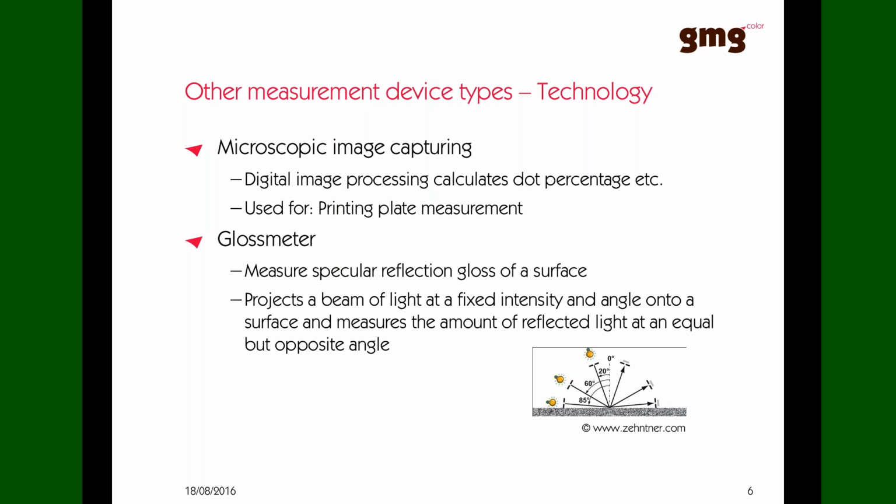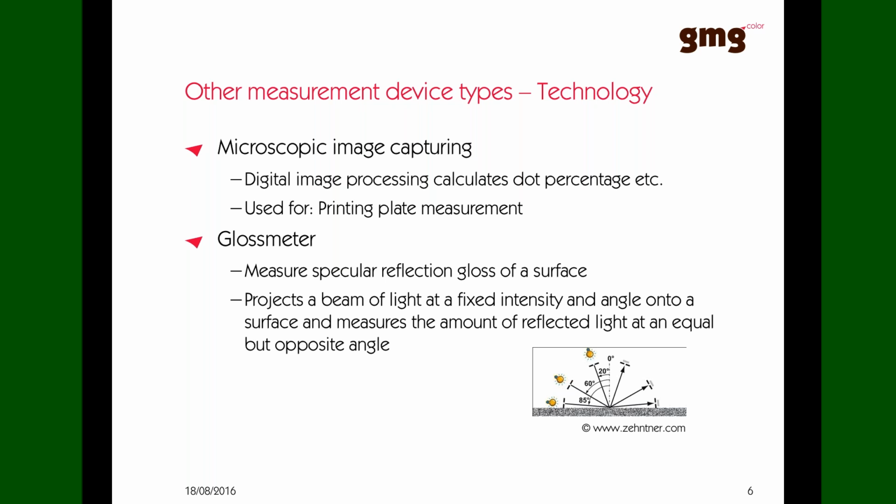So, for example, this is used mainly when you're measuring a printing plate. So when you have your CTP system and you get out your printing plate, with such a measuring device, you can check if your 5% point that you want to apply to your plate is really a 5% point, or if maybe more or less is used. So you can use such a device to measure and calibrate your CTP systems.